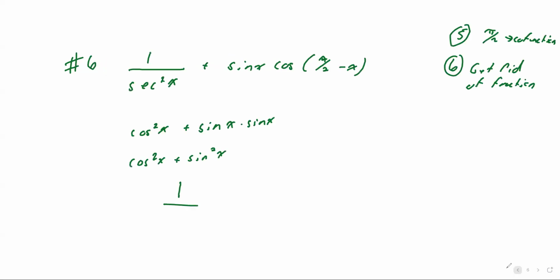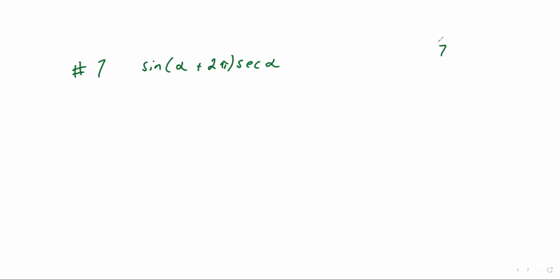So looking at number 7, I now have sine of alpha, which is what that little symbol is called if you've never seen it before, plus 2 pi, times secant of alpha. Same concept. I guess this is step 7. If I see a 2 pi, I want to use my period identities.